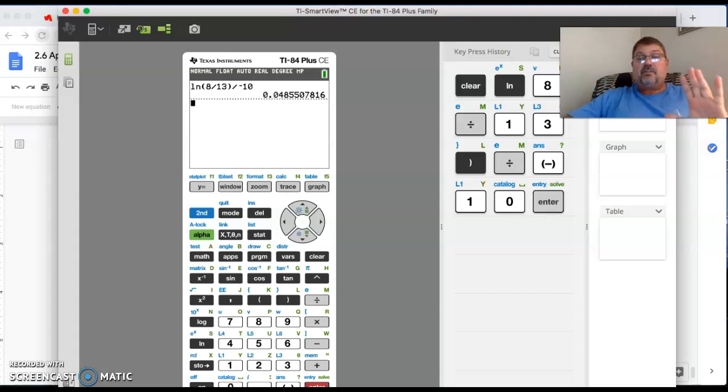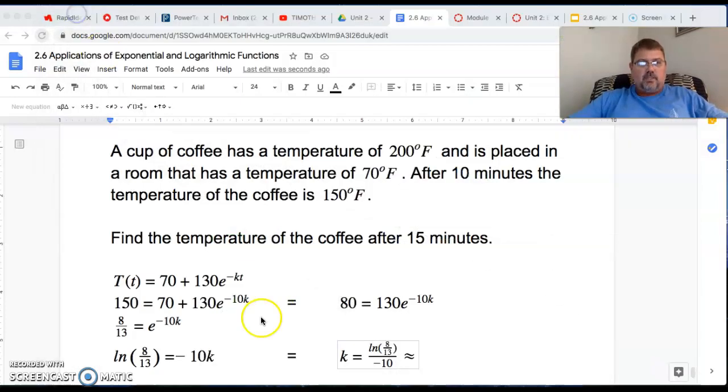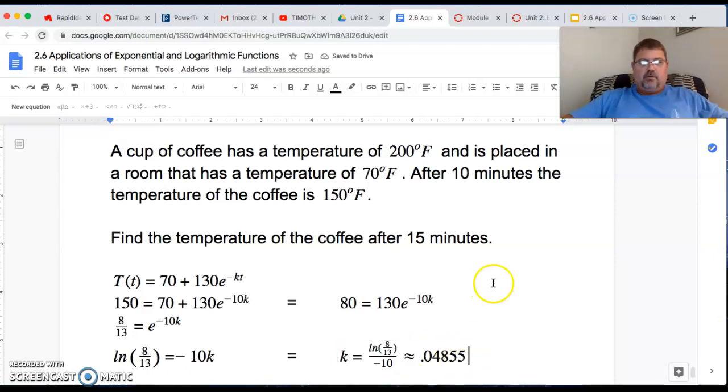And the negative is important, so don't just throw that out like it's no big deal. Okay, so we'll type that in, and it's approximately .04855, say.